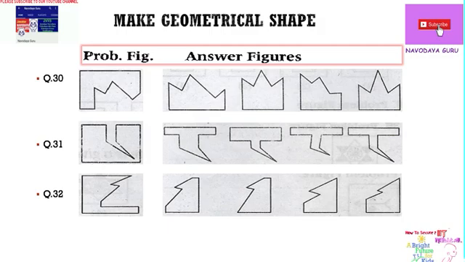Let's go to question number 30. This incomplete portion we need to first complete to find the idea of the desired shape. So let's complete this portion first. So let's look for this particular design in the given options. Let's check in option 1. Let's check for this side. This side is matching.